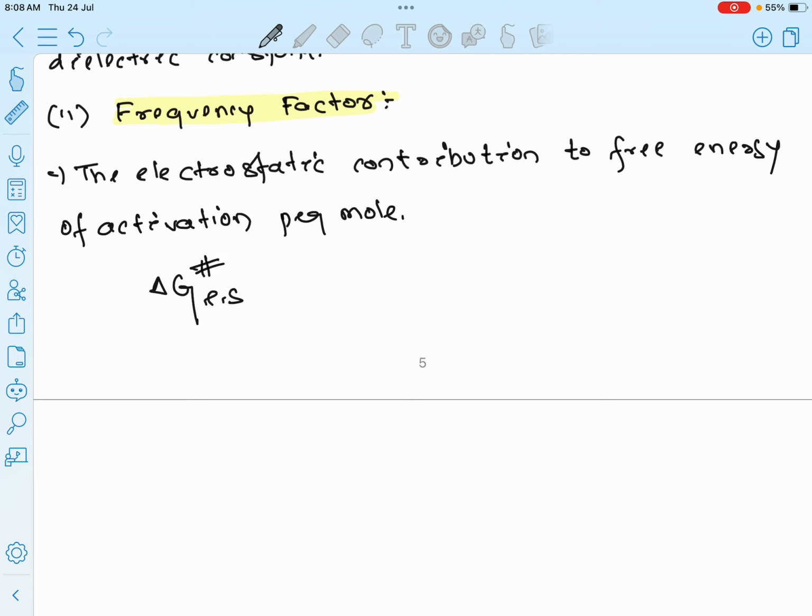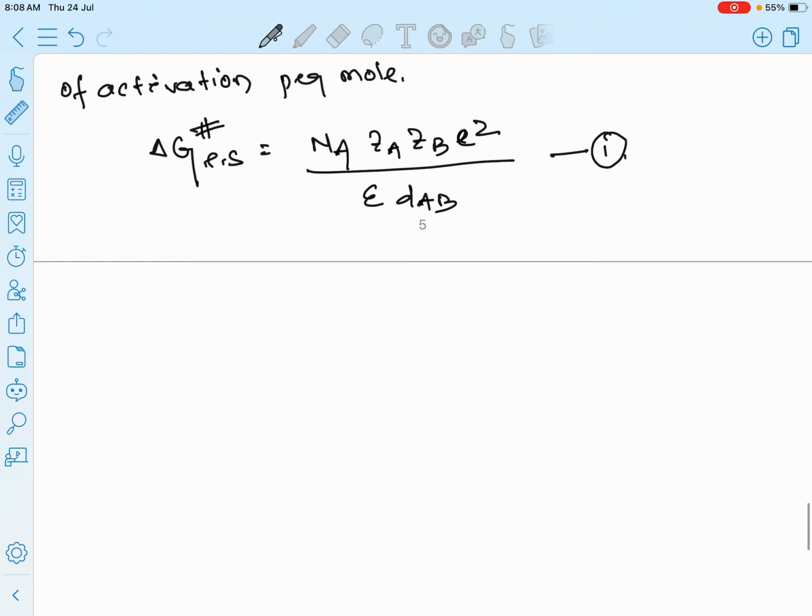What is the value? Delta G activation per mole means for 1 mole: NA ZA ZB E square divided by epsilon DAB. Let us say this to be equation number 1.